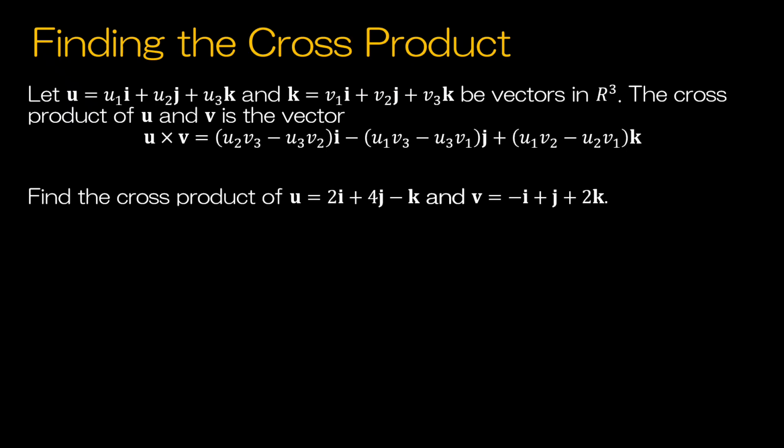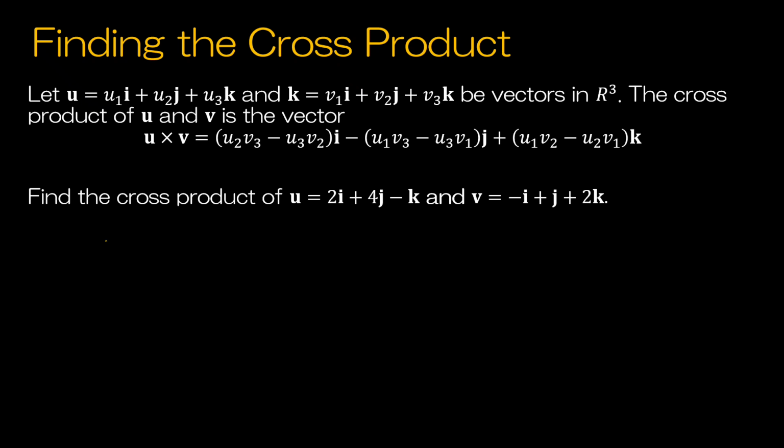In this example, we're going to find the cross product. I've rewritten the definition for finding the cross product. And we have the question where u is 2i plus 4j minus k, and v is negative i plus j plus 2k.